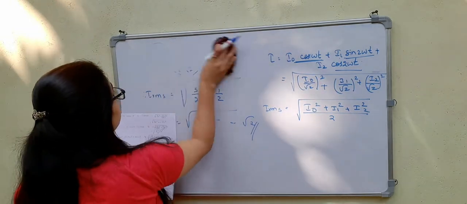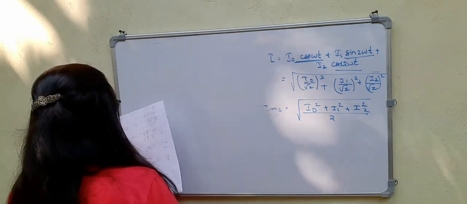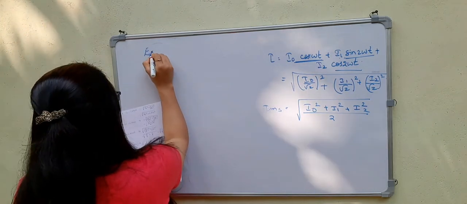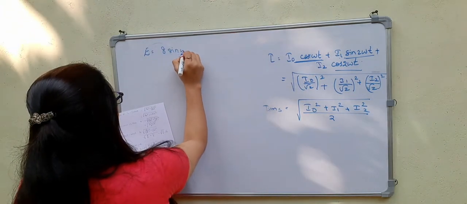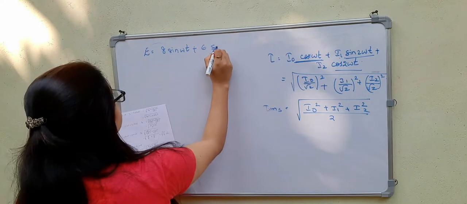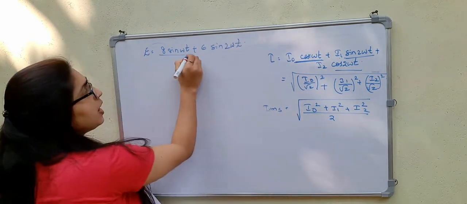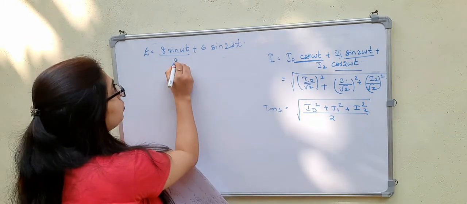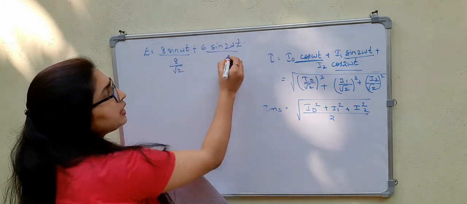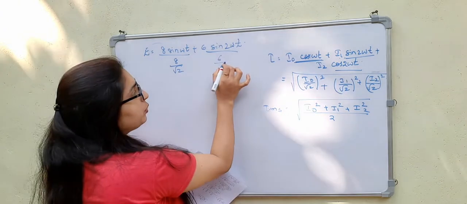Next, let us take another one. E is equal to 8 sin omega t plus 6 sin 2 omega t. Here, what is the RMS value? It is A by root 2, 8 by root 2. Here it is 6 by root 2.